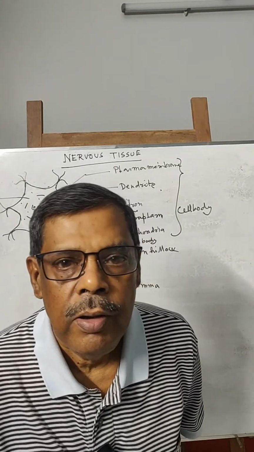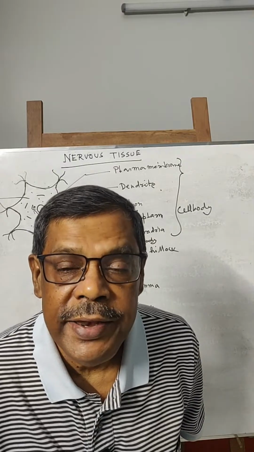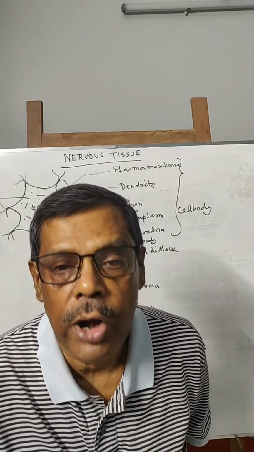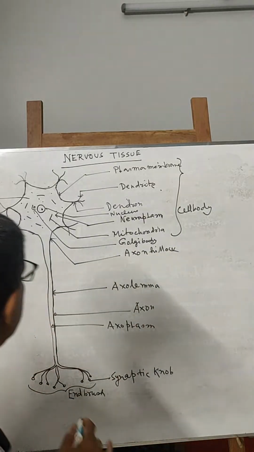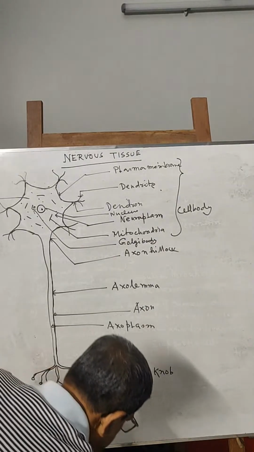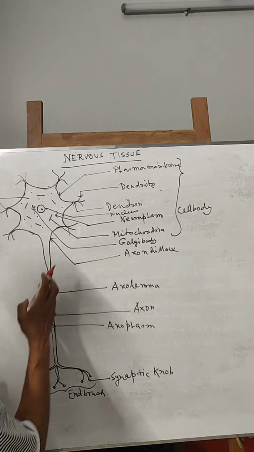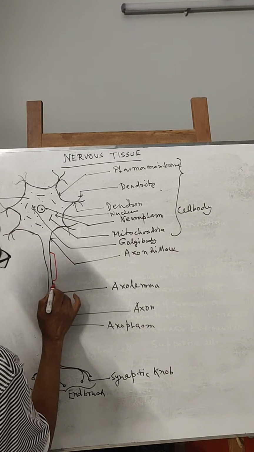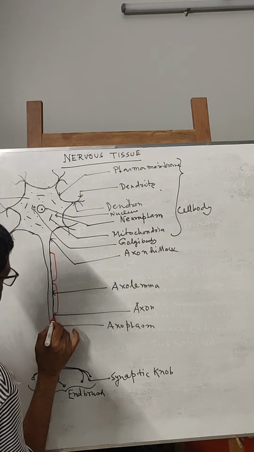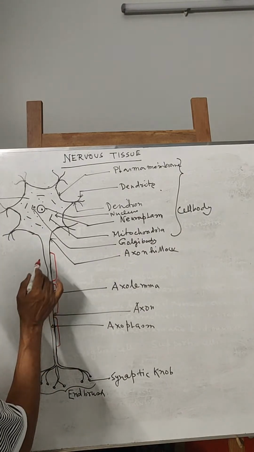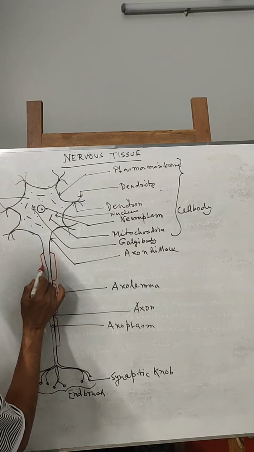In case of a myelinated axon, there will be found a thick layer. It is called the medullary sheath or myelin sheath.